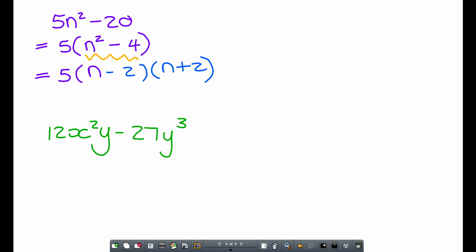Remember, end of last term, we had 5n squared minus 20. If we want to take out a common factor, I look at what can go into both of them. So obviously not n, because there's no n here. So what can go into 5 and 20? 5. And then we take out 5, and a bracket to show what's left after we take it out.